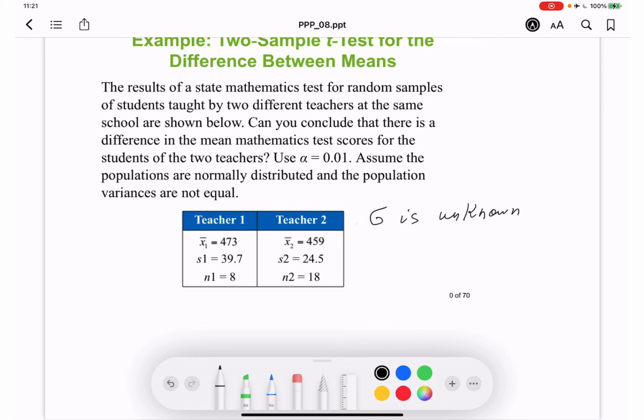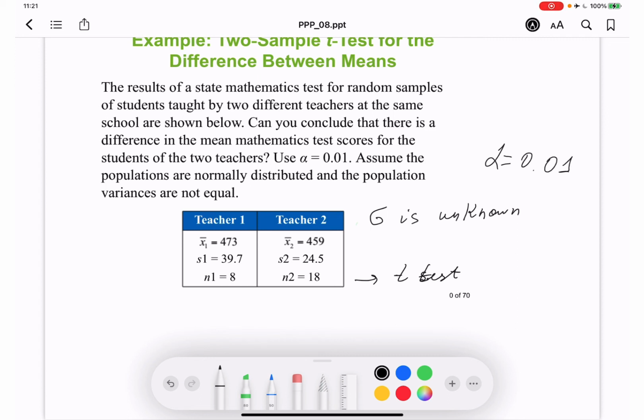Then in that case, we are looking at sample size. Sample size is less than 30. Okay, that means we are going to apply the t-test. Now we need to look if variance is equal or not equal. Alpha, let me also write down, alpha is 0.01.